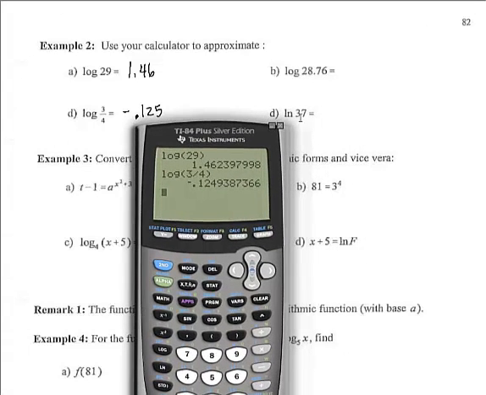Then we have ln of 37. And so I hit the LN button. That's the great thing about the common and the natural log. We don't have to go hunting for the log base formula in the math menu. We type in 37 for the argument and we hit enter. And if I round it, I could write 3.61.